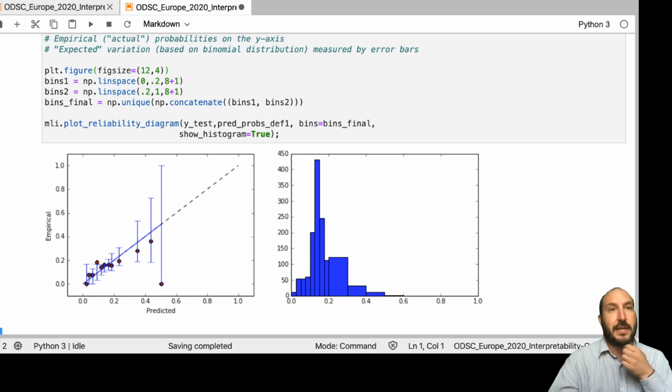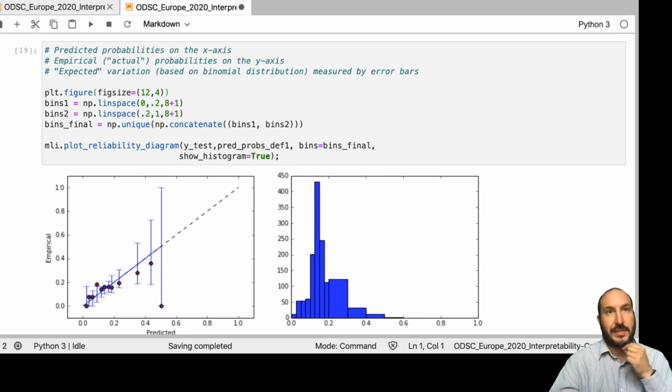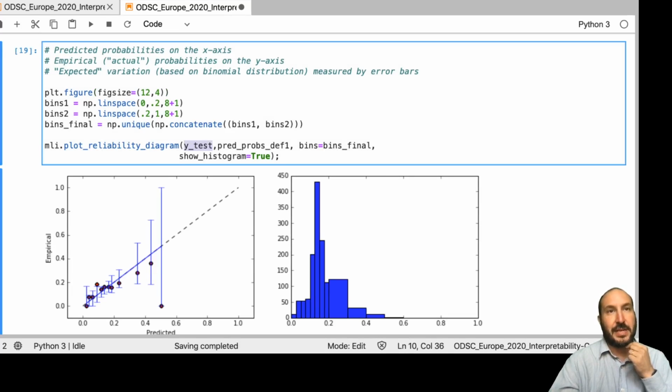So again, what did I do here? I took a bunch of bins of different sizes, and I used a test set. So I'm using my Y test here. And I'm saying, okay, on the test set, when the model predicted a probability in a certain bin, was the actual percentage of time it was true close to the average value in that bin?